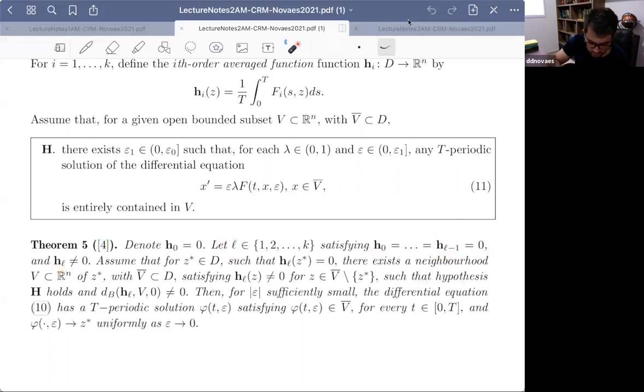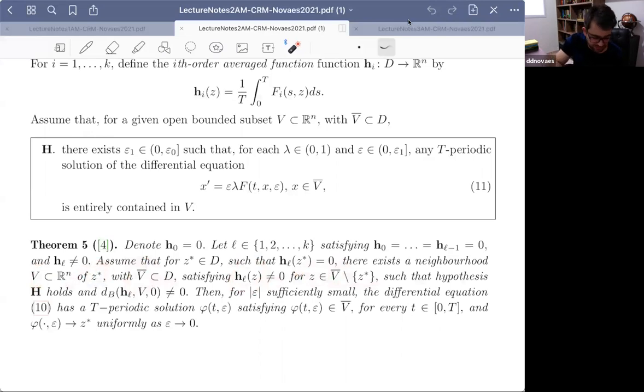Then we assume that for a zero z* of this averaged function, there exists a neighborhood V with the closure of V contained in D, satisfying three things. The first one, h_L is different from 0 for every z in the closure of V minus z*. That means that V is an isolating neighborhood for z*.